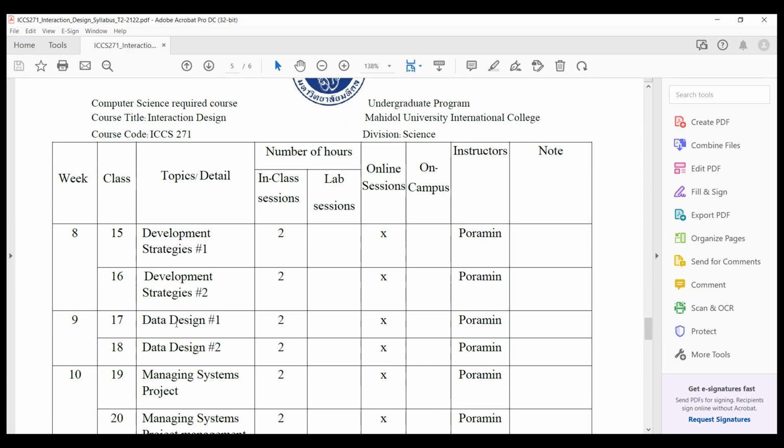Then we have to know how to design the data properly. Some of the people may say that they want to store it as a flat file, some of the people say that they want to use a relational database, some of the people may want to use an object oriented database or whatever kind of database. Then we'll talk about it in the data design module.